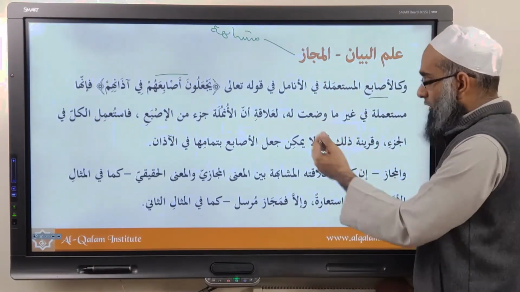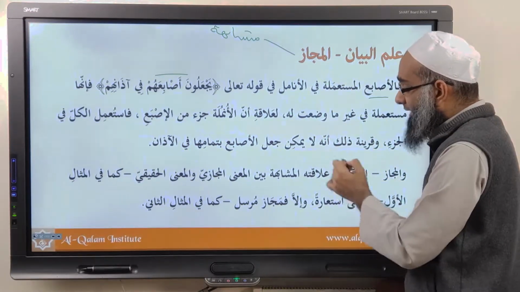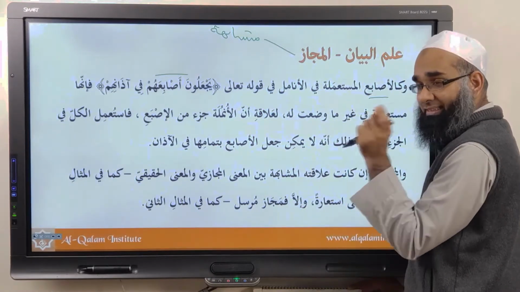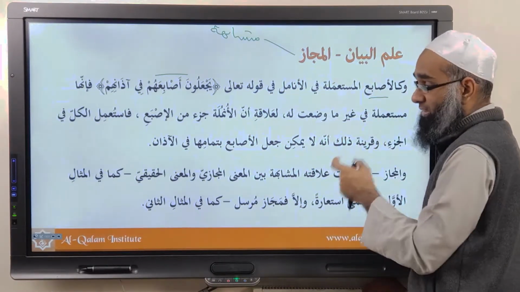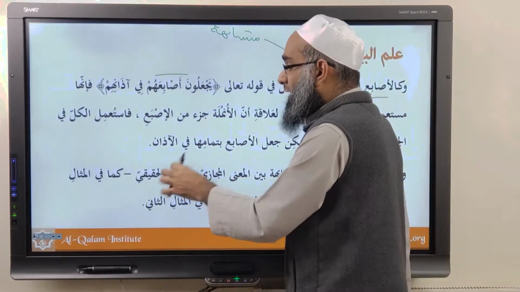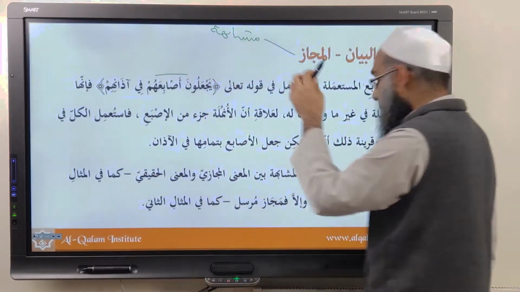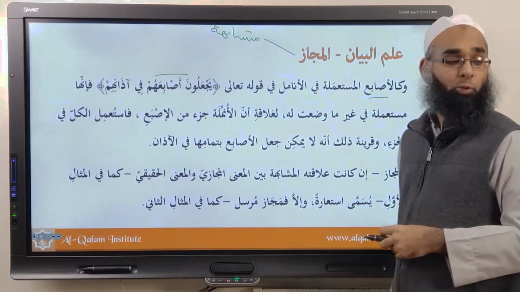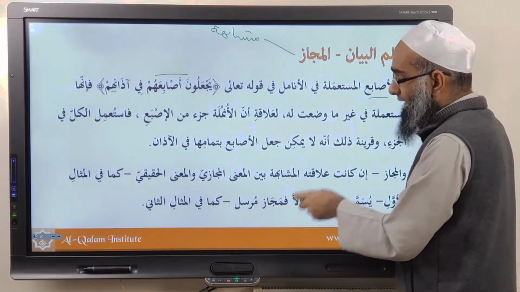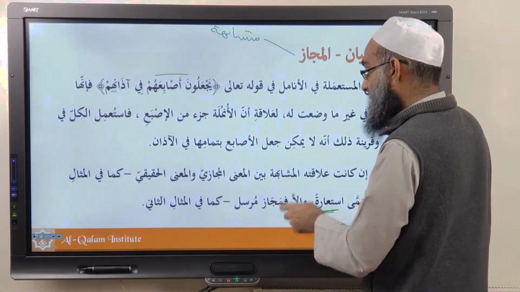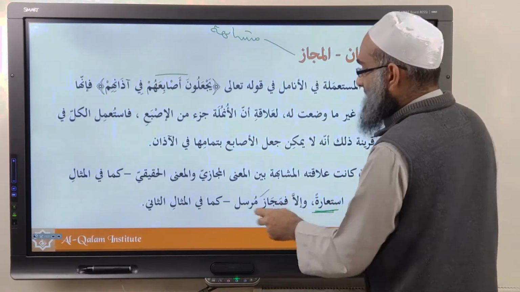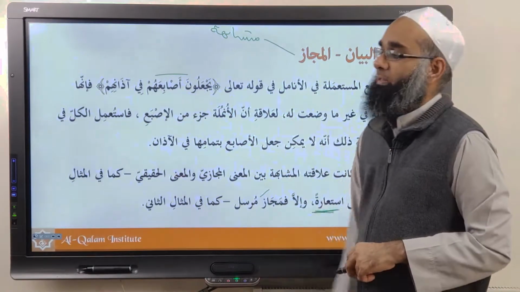So والمجاز, so the majaz, إن كانت علاقته المشابهة, if the ilaqa, the bridge between the two of them, is mushabaha, between المعنى المجازي والمعنى الحقيقي, كما في المثال الأول, like for example فلان يتكلم بالدرر, in that example it's called what? استعارة. وإلا otherwise it's called فمجاز, وإلا يسمى مجاز مرسل كما في مثال ثاني.